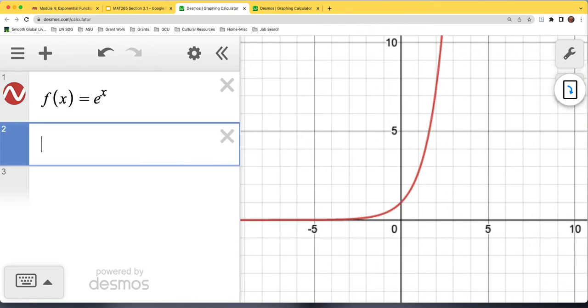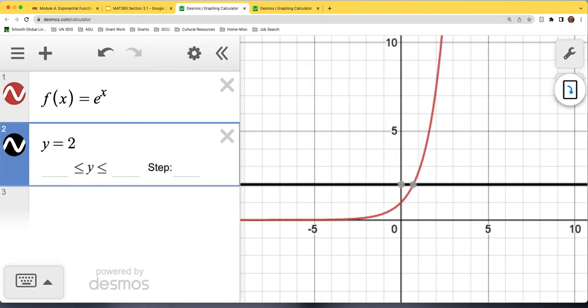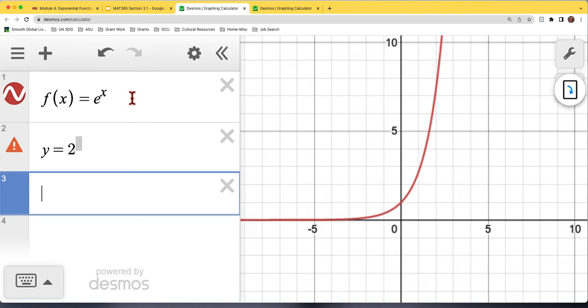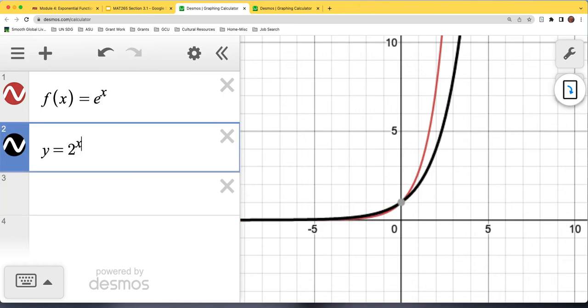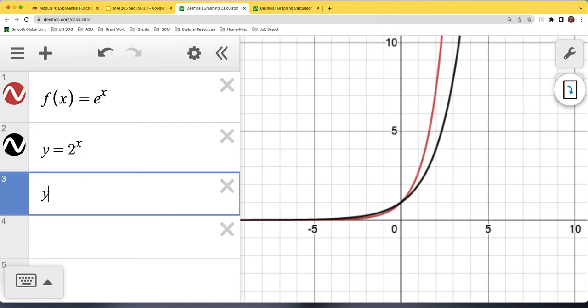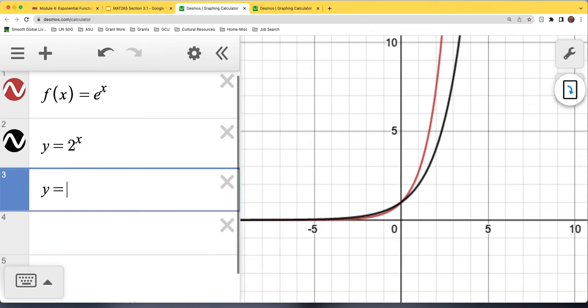So watch what happens if I did y equals 2 to the x. Notice it is not quite as steep. If I do 2 to the 3, what would you expect to see? Oh no, 3 to the x, sorry.